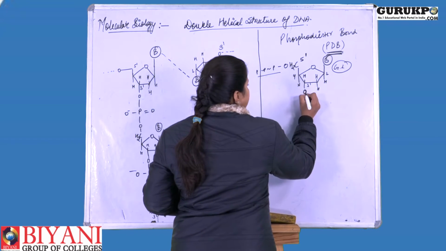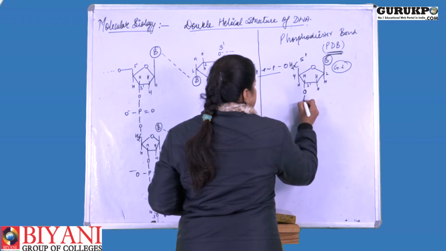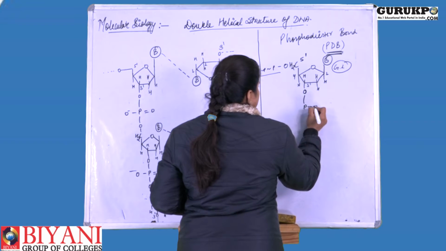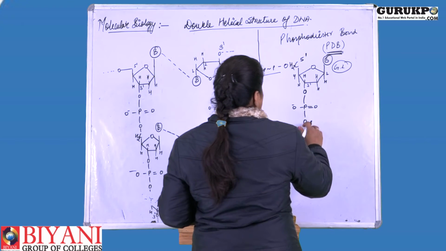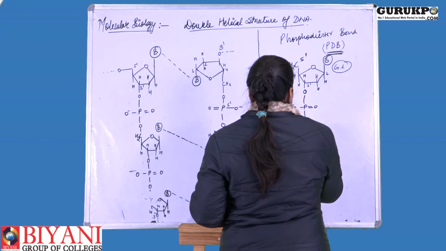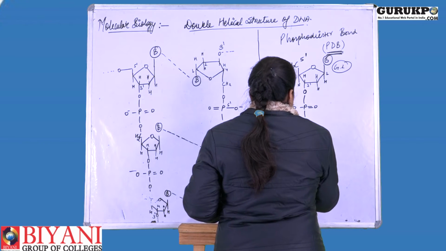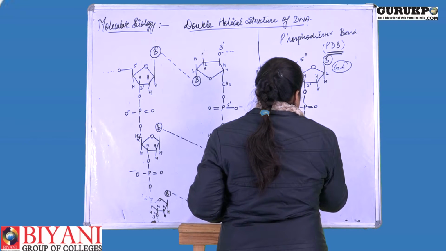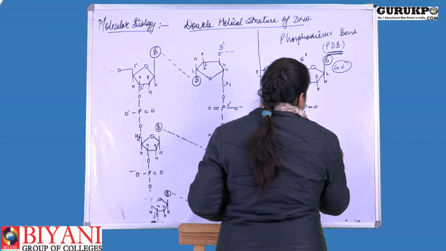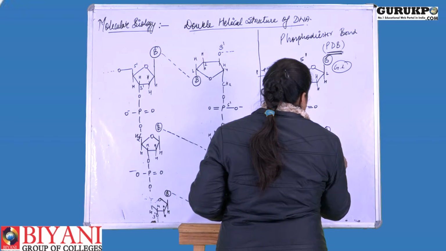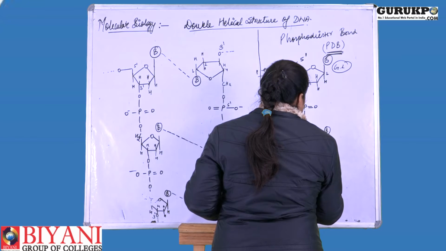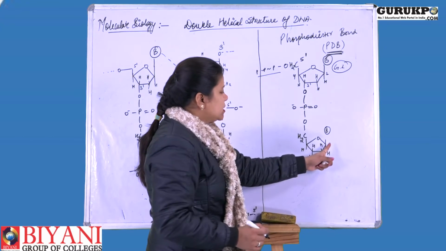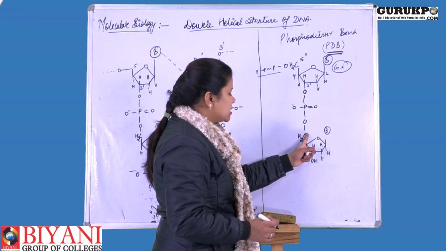So here I am adding the next nucleotide, that is the phosphate, in this manner, and it will give rise to the next nucleotide again in the same manner. This is the 3' OH, right? First carbon, second, third, fourth, and this is the 5th one.